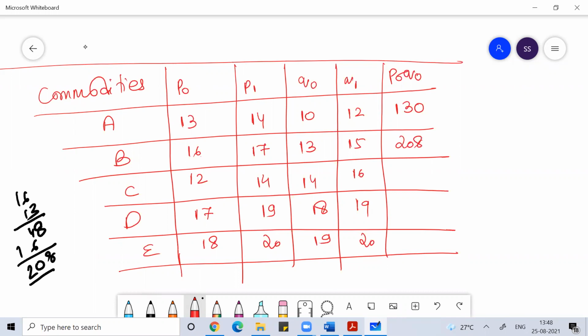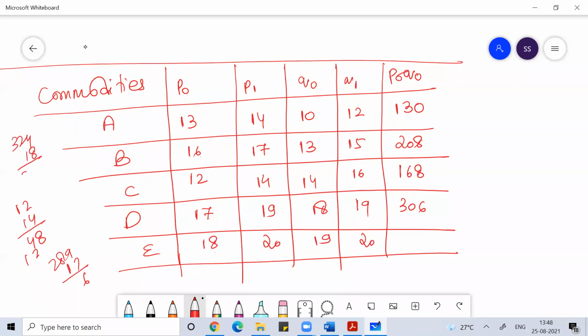Then 12 into 14, 168. Then 17 into 18, 306. Then 18 into 19, 18 square 324 plus 18, 342. So you can find this value.